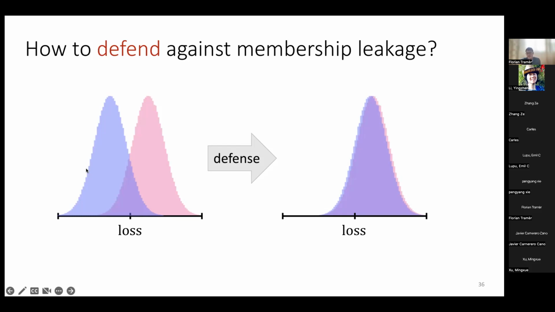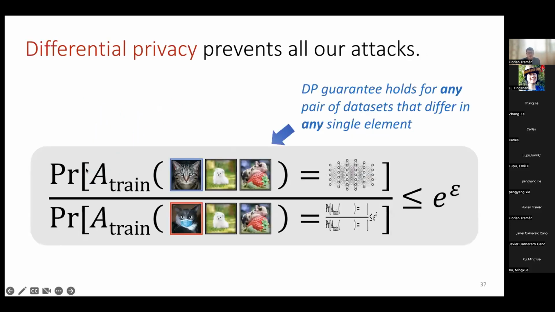And of course, this is probably going to be unsurprising. The canonical way in which you would do that is, oops, sorry, there's some very weird rendering of this slide here. But the way you would prevent this is with differential privacy.